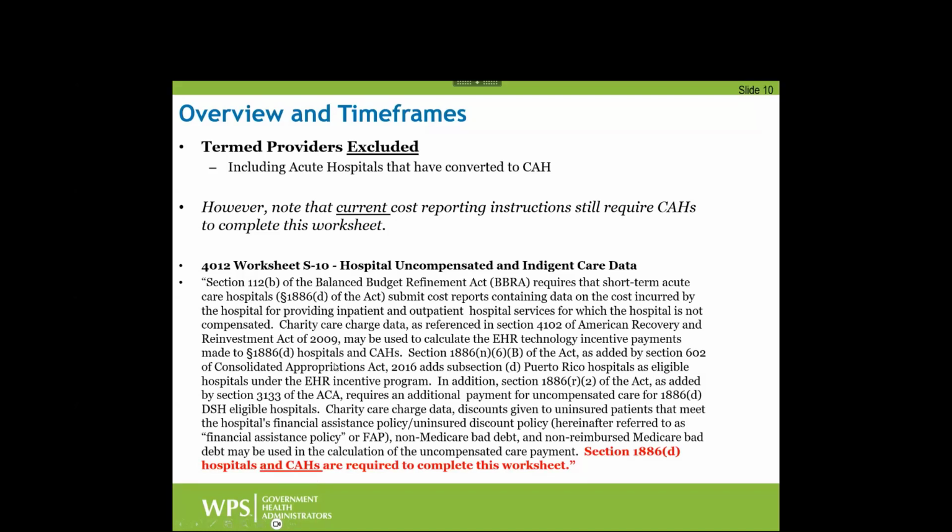So the requirement still stands for you to complete the worksheet until CMS removes this, but you do not have to submit a template. We are not going to be auditing any of that. We don't know. There might be some other use CMS has behind the scenes for this data for cause. We just don't know that, but we only know we're not auditing a critical access hospital for this. So that's the piece I wanted to mention there.